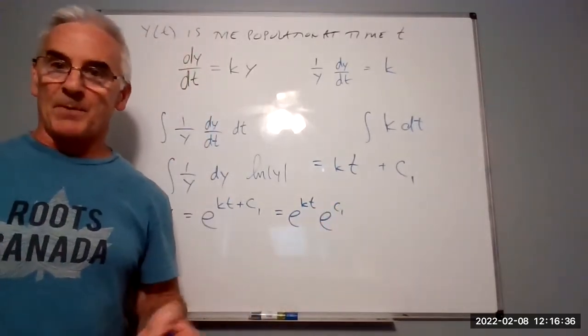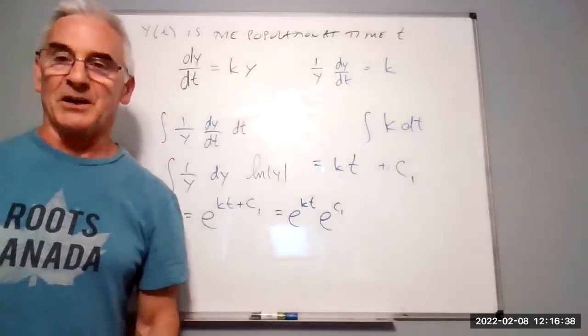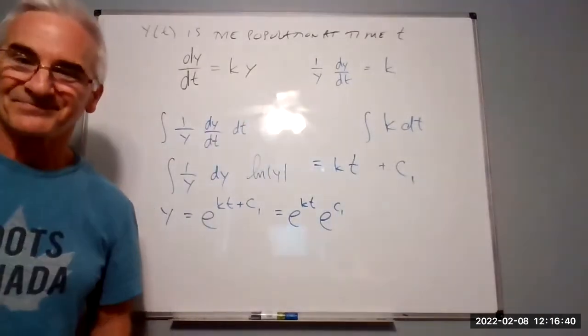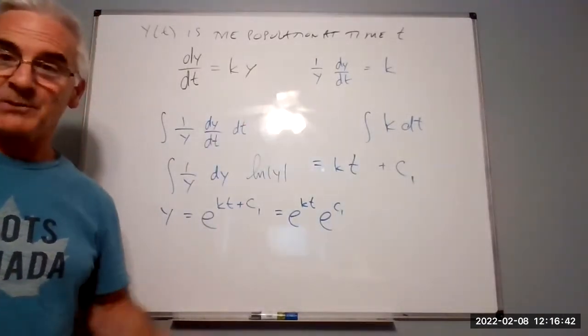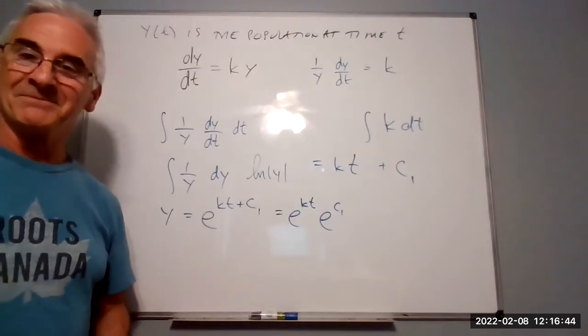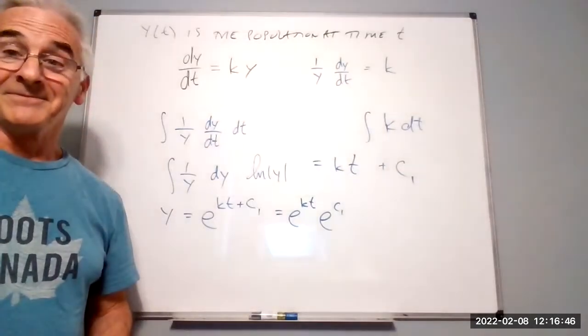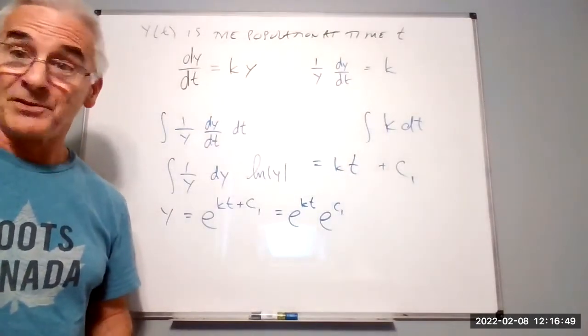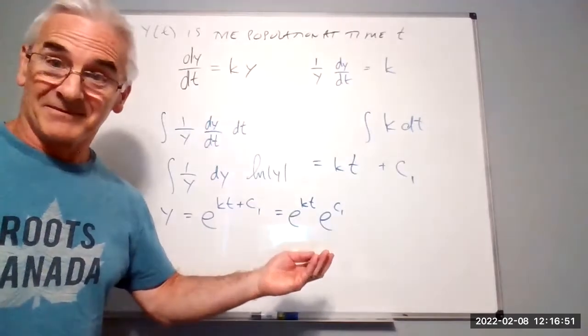Okay, c1 represents an arbitrary constant. So tell me about e to the c1. If c1 can be any real number, tell me about e to the c1. Is that a specific value or is that also any number? Still a constant.